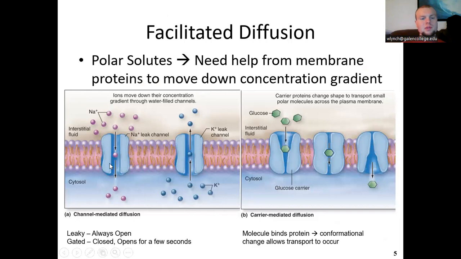There are leak channels, which are consistently open, that are going to be specific for these ions. These leak channels are proteins, and these proteins are specifically designed to allow for a conformational binding and movement of sodium and potassium, respectively. A leaky channel is one that is always open, so there's always a small amount of movement going in the opposite directions here.